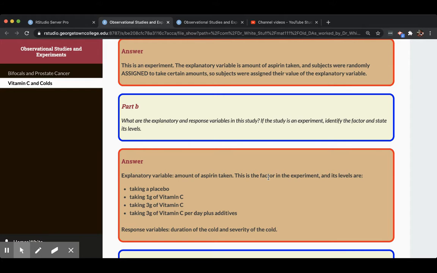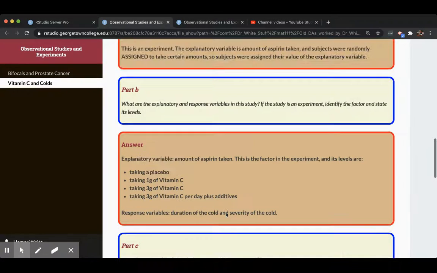So that's the factor in the experiment. Levels, by definition, are the values of the explanatory variable. So that would be the 4 groups. Taking a placebo, taking 1 gram of vitamin C, taking 3 grams of vitamin C, taking 3 grams of vitamin C in your pill, plus your additives.